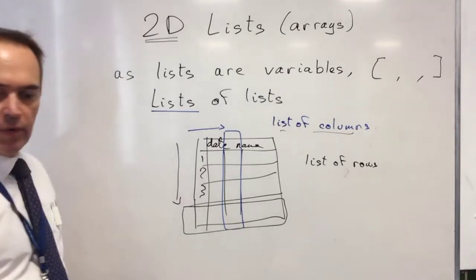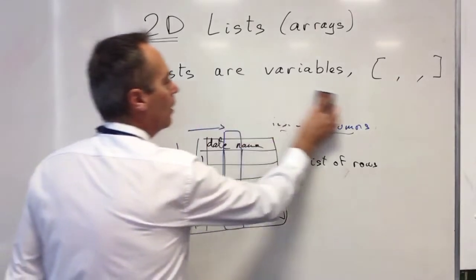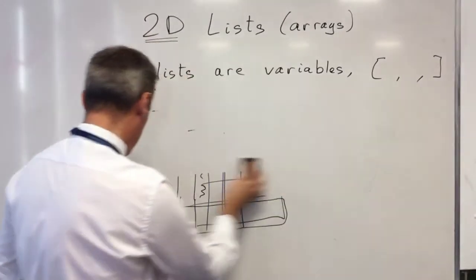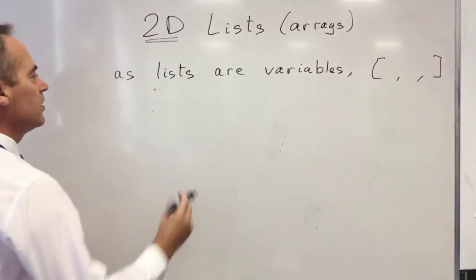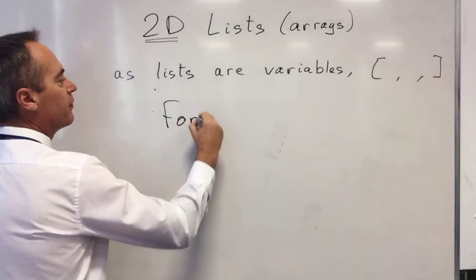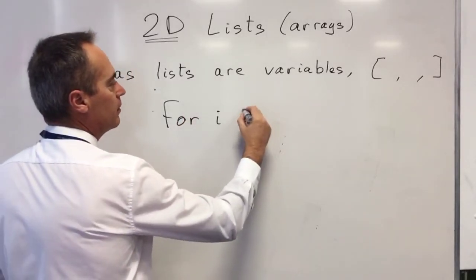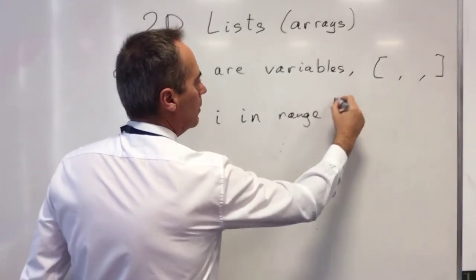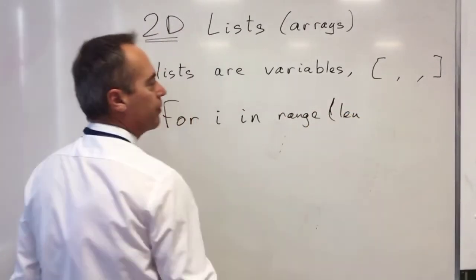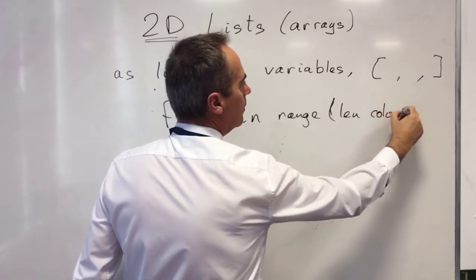Now, the other thing we need to mention about our 2D lists is the index. Typically, you're going to have a for loop: for i in range the length of the columns.